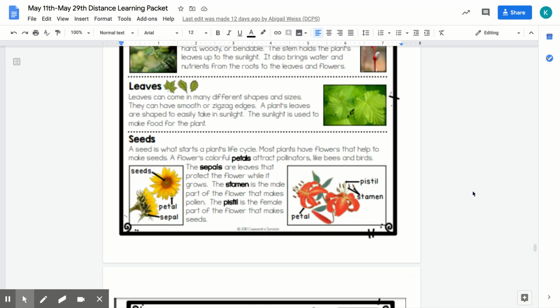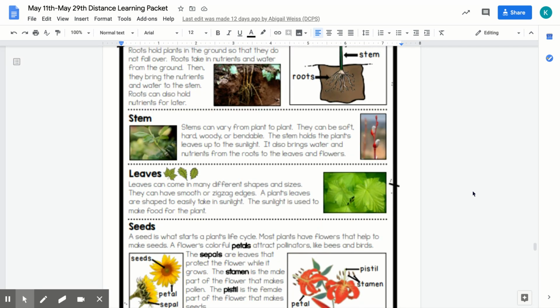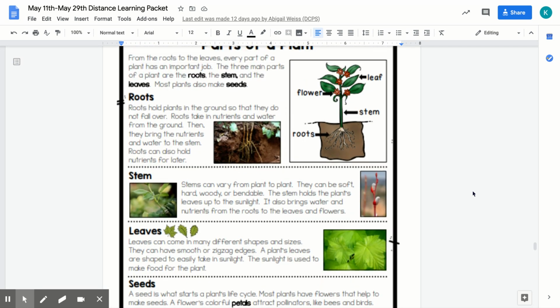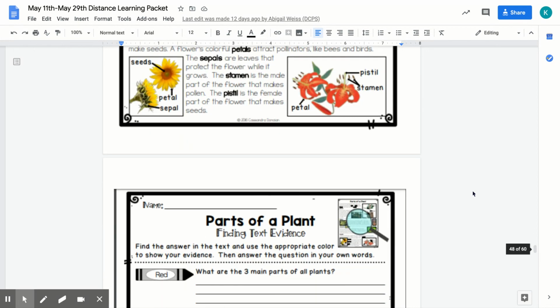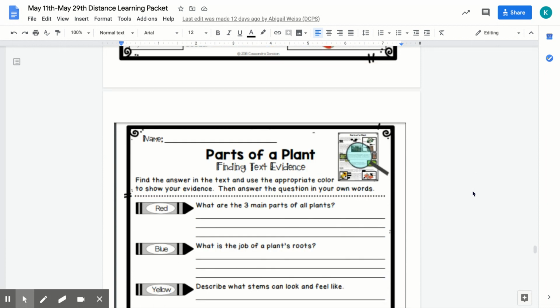Wow, second graders, we just learned so much about the parts of a plant. Now it's time to answer some questions, and we are going to be answering questions by finding text evidence, or by finding details in the text.